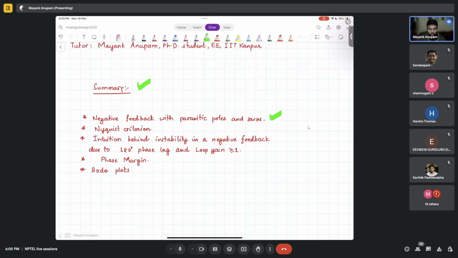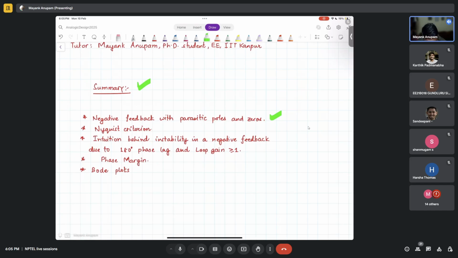Some poles and zeros introduce some delay in the system, and then we looked at some examples of how the system behaves with these poles, how its stability is affected, and we solved a few examples with a two-pole and a three-pole system.